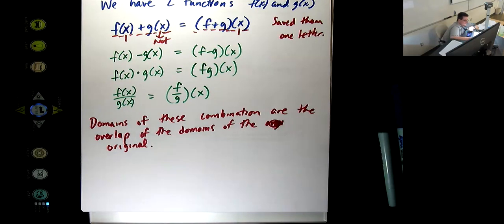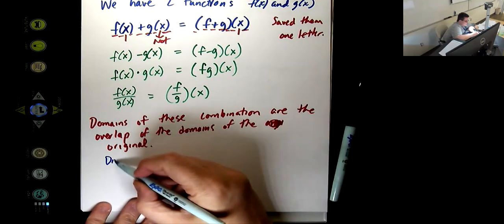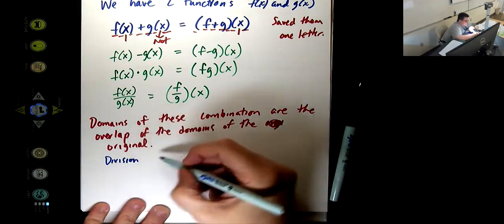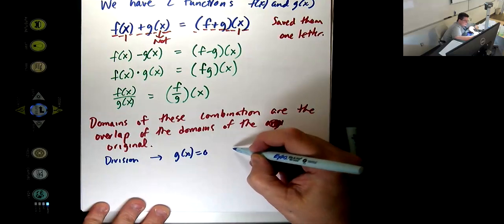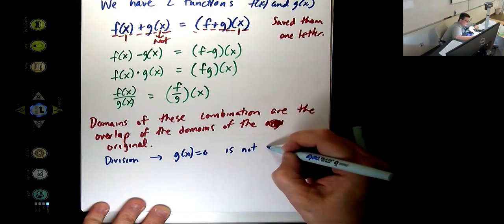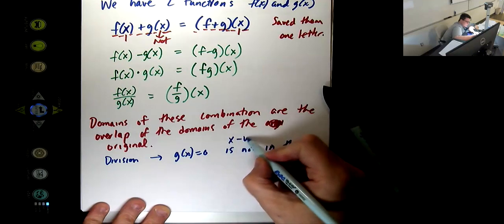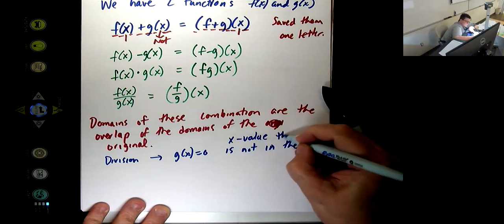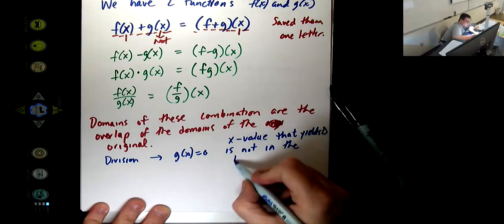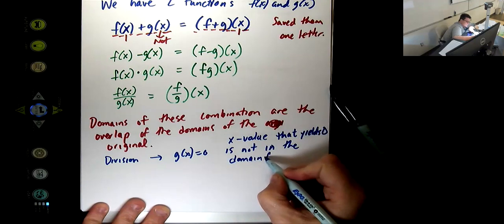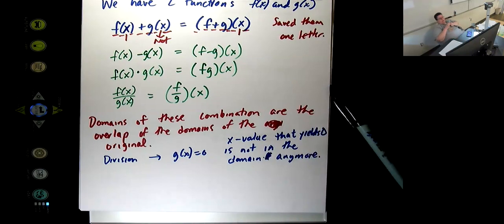The only difference is on the division. For the division, if g of x equals 0, whatever x value yields the 0 is not in the domain anymore. That's for the g of x because it's in the denominator.